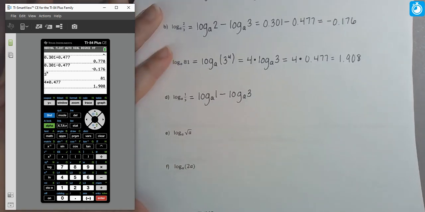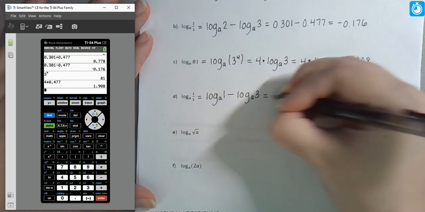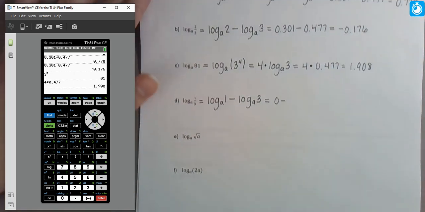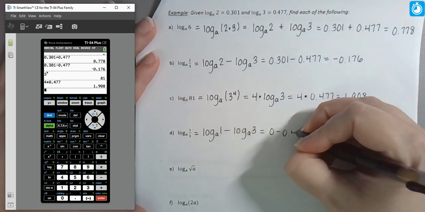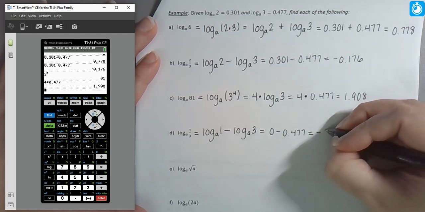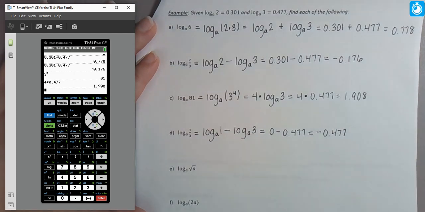So log base A of 1, based on that rule, is going to be 0. So that's going to be 0 minus our log base A of 3, which is 0.477. We simplify all that, and that's going to be negative 0.477.